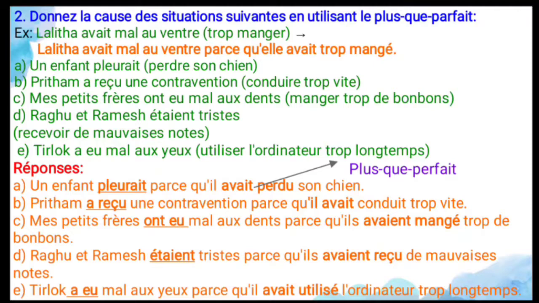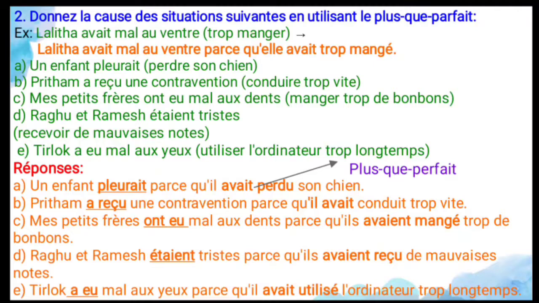Here the subject you have to use is ILS only. Here two boys are there. So the subject is masculine plural. So parce qu'ils avaient reçu. Recevoir verb, what is the past participle of the recevoir verb? Reçu only, because it's an irregular one. So ils avaient reçu de mauvaises notes. So they had received poor grades, so they were sad.